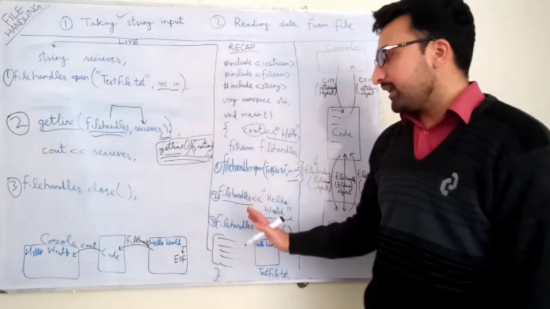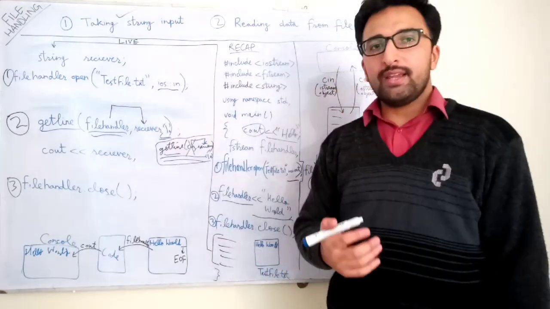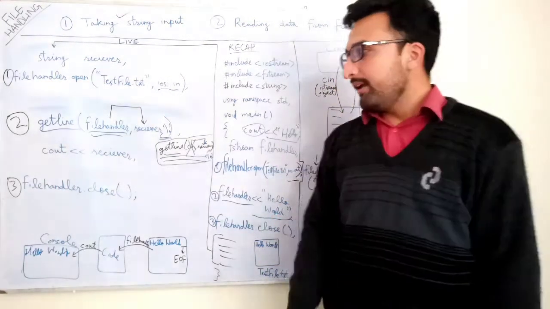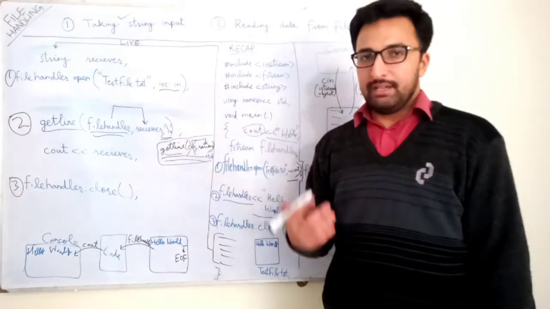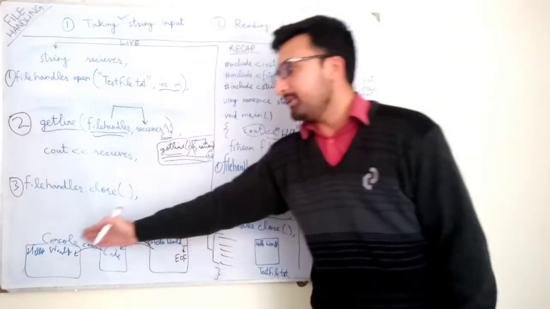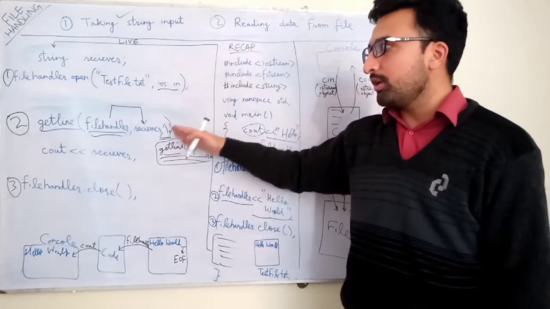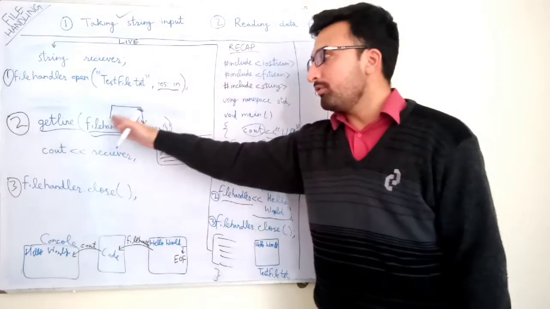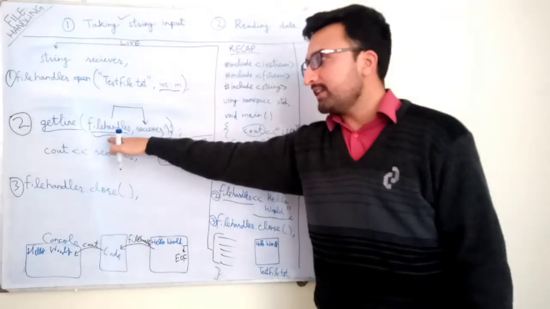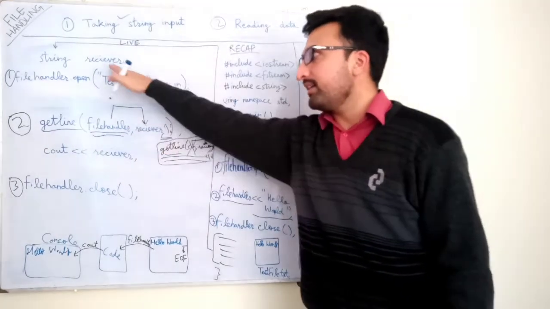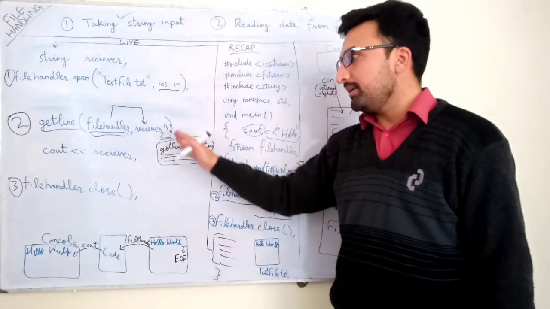Just like there were three steps here, one or two concepts remain. That is how we can input something from the file, and we have displayed it onto the console for better understanding. Three broader concepts: opening the file in input mode, and receiving the input from the file through the object of class fstream into the string variable receiver, until the end of file comes or the delimiter comes.